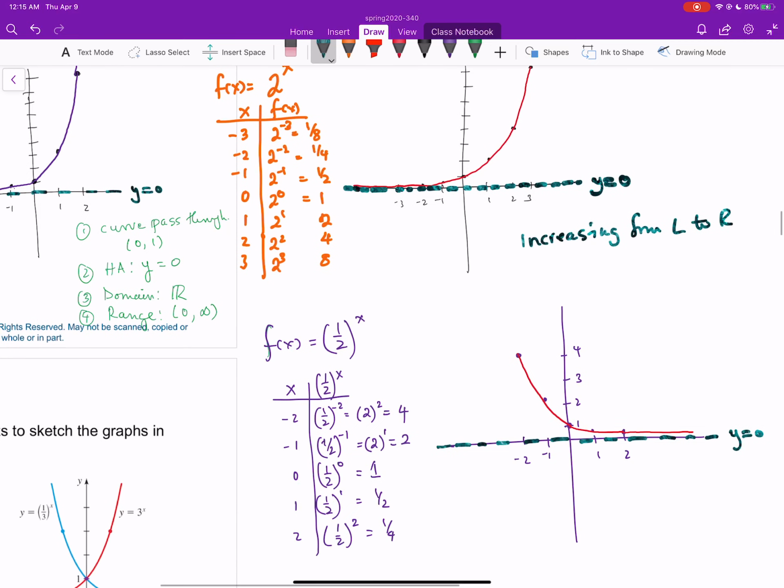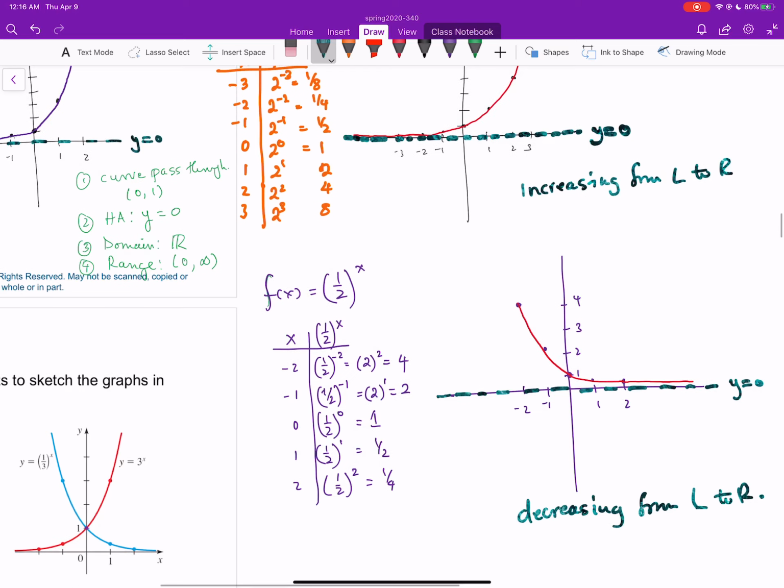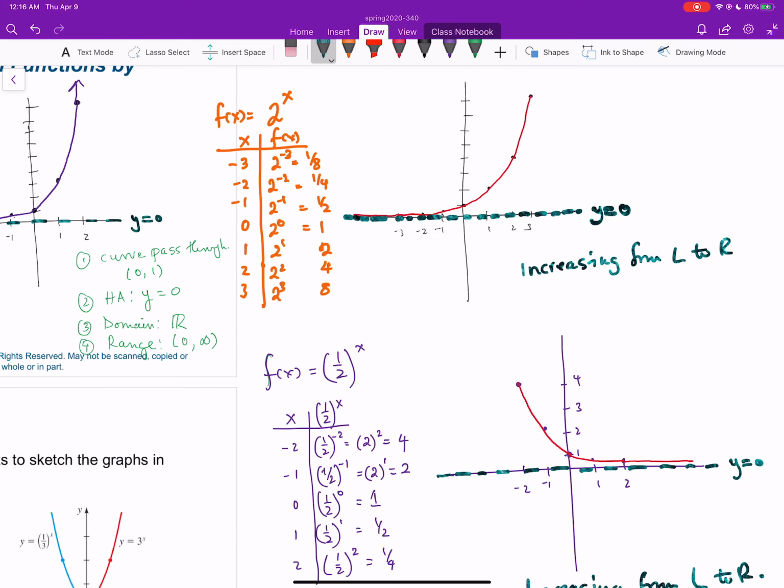And if the base is a fraction, then you are decreasing from left to right. And in both cases, you are passing through the point (0, 1).